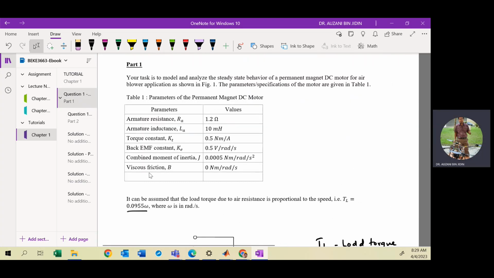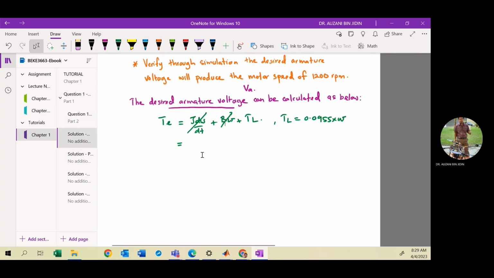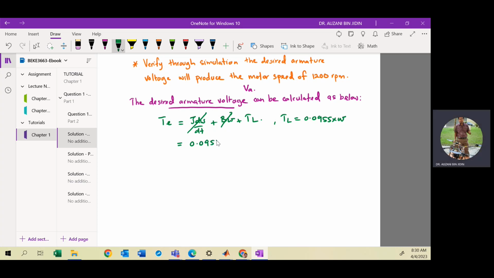So we can simplify our analysis. The only term left is the load torque TL, so you can straightly calculate TE: 0.0955 multiplied by speed 1200 RPM.